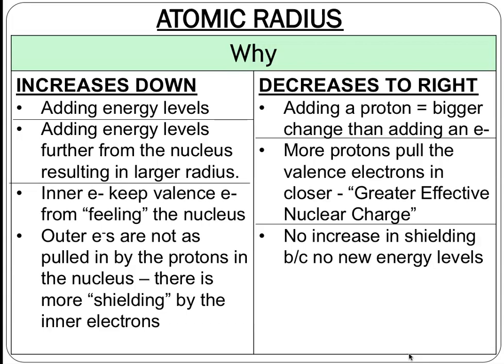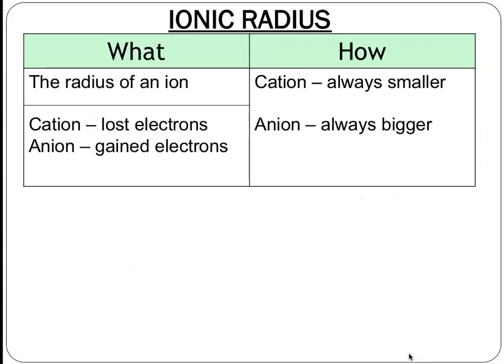And if you notice from a Z effective calculation, as you go down a group of the periodic table, the Z effective stays the same. So keep that in mind, that Z effective is staying the same as you go down a group.